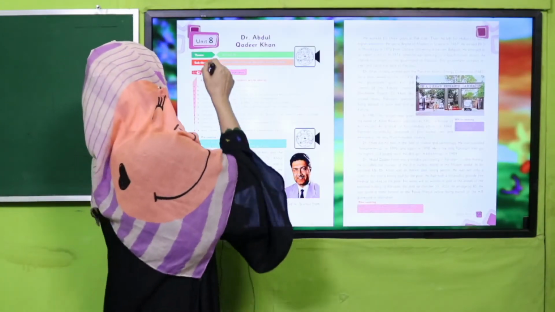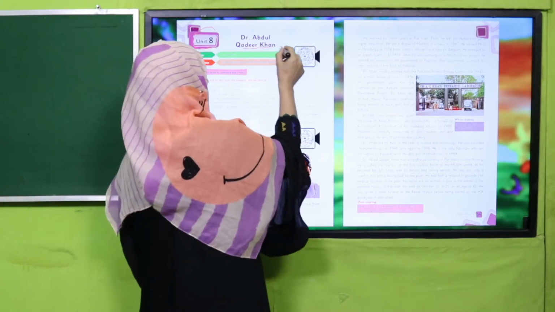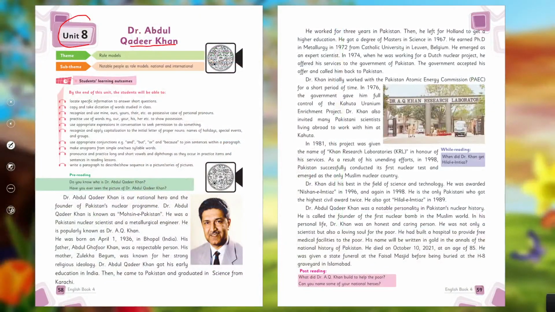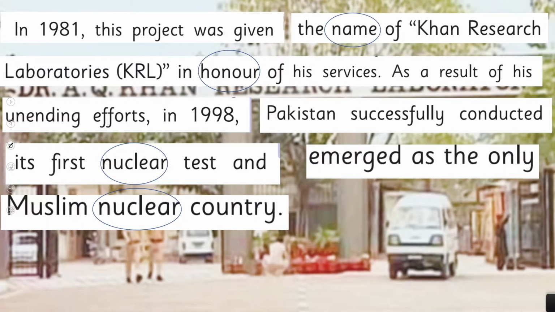Let's start our lesson, unit number 8, Dr. Abdul Qadir Khan. So today we will start the rest of the content. In 1981, this project was given the name of Khan Research Laboratories, KRL, in honor of his services.